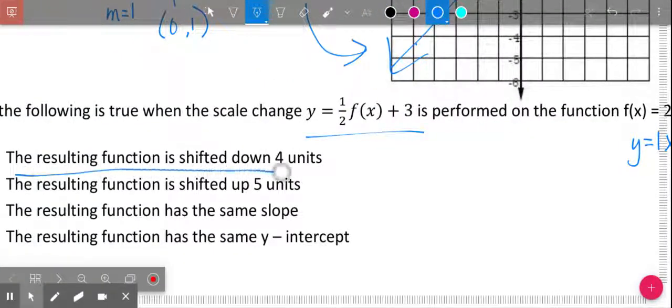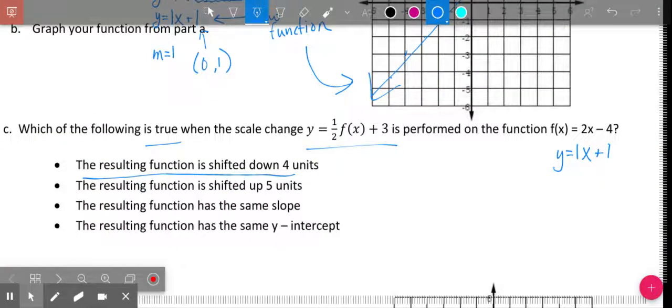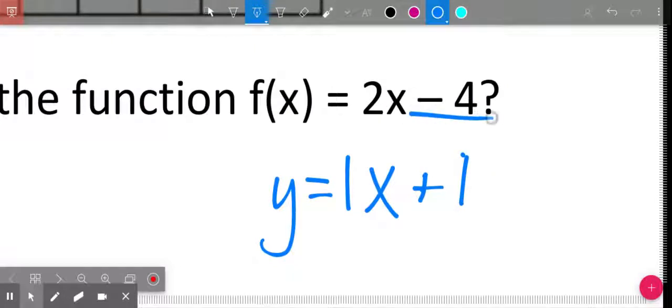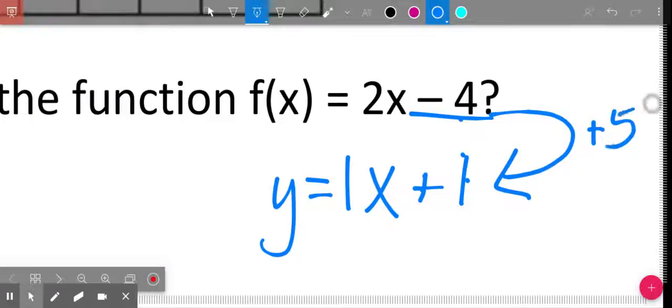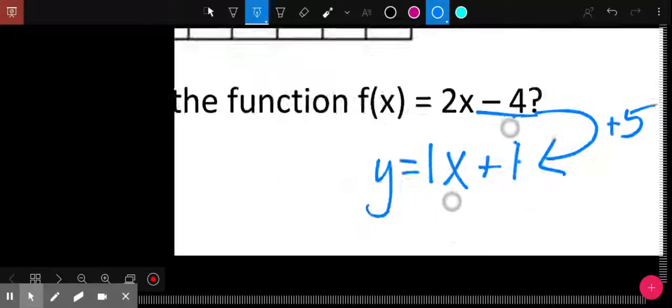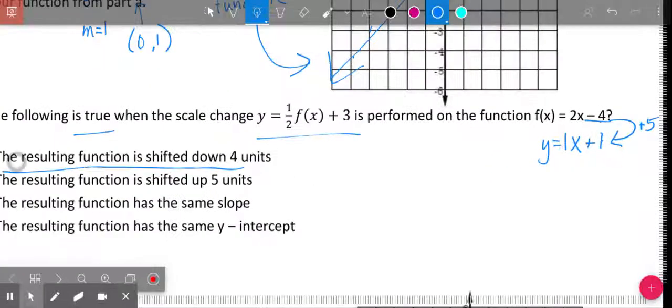The first one says the resulting function is shifted down 4 units. Well, my y-intercept was negative 4, and then it became 1. How do I go from negative 4 to 1? I added 5, so it was shifted up 5. It wasn't shifted down anything, so I know that this is not true.